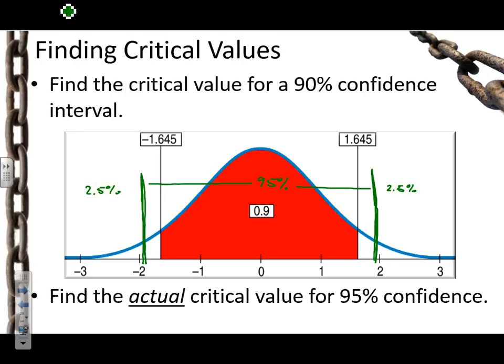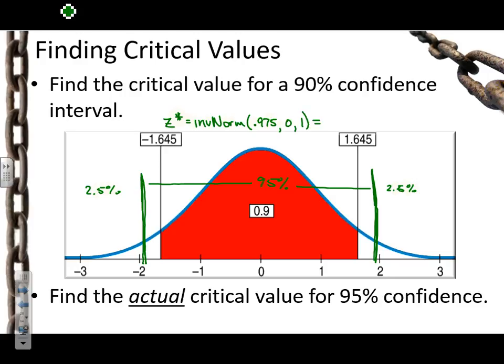So in your calculators, you can choose to find the negative or the positive Z star. So if I have 95 plus 2.5, what's my total area? 97.5. So go to second vars, inverse norm. You're going to type in 97.5% as a decimal, so 0.975, 0 for the mean and 1 for standard deviation.